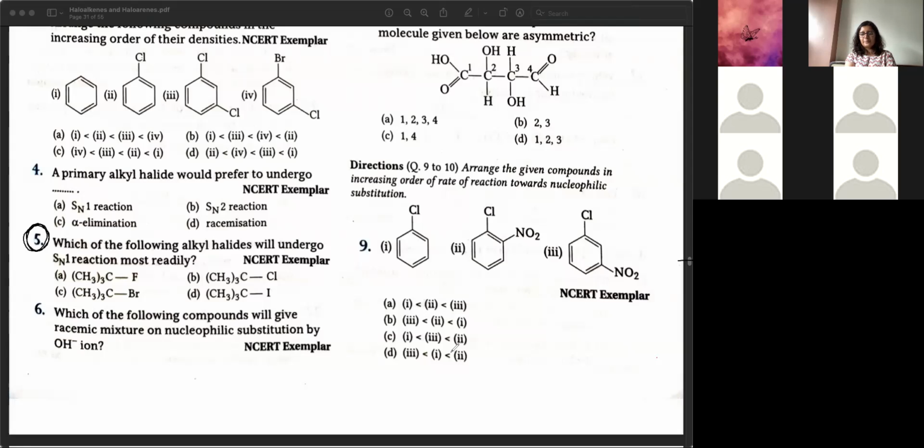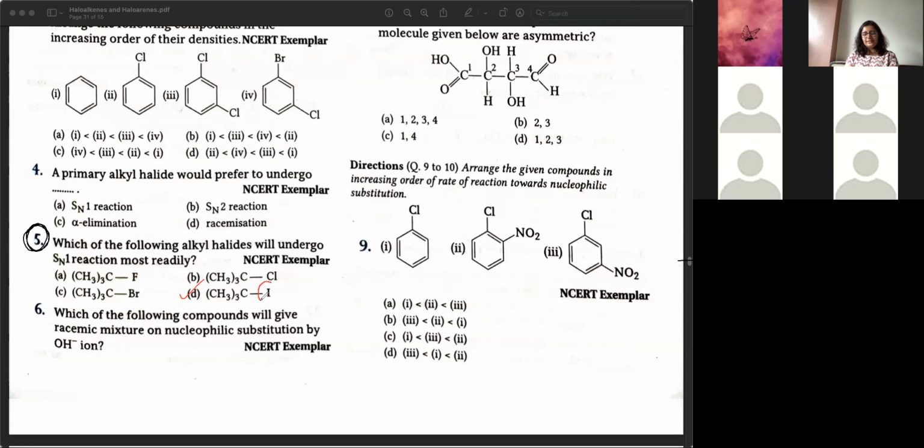What is the answer? Sanskriti, are you there? Cool. All of you, yes. Arya also has given the answer. Very nice. So D is right.